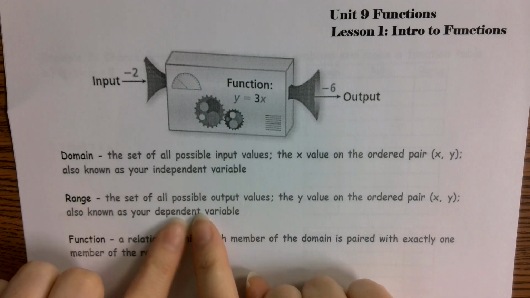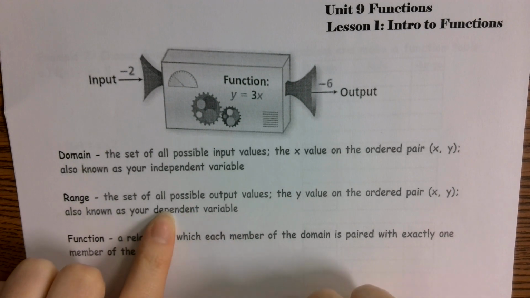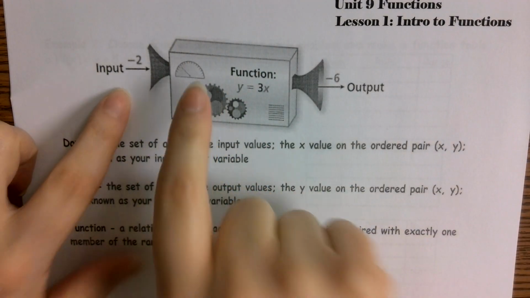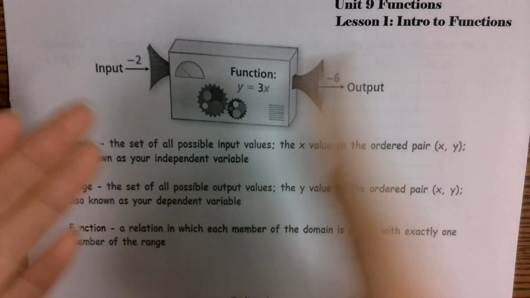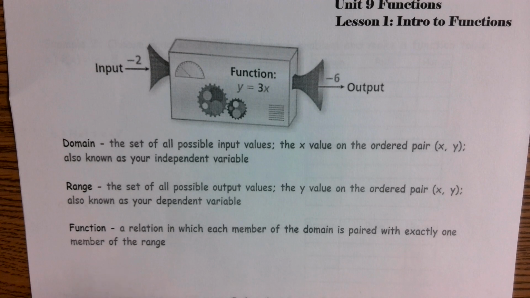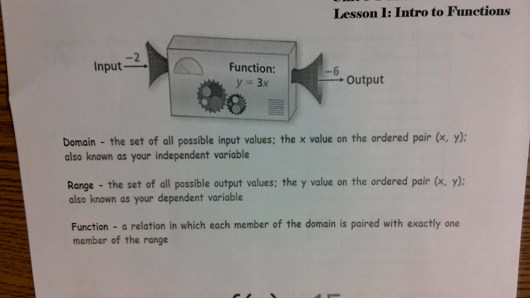The range is a dependent variable, which means that your range value, the output that you get, depends on the input that you plug in. So the solution that you receive will be determined by the value that gets inputted into the machine itself. Okay? So domain is your independent value, your range is your dependent value.